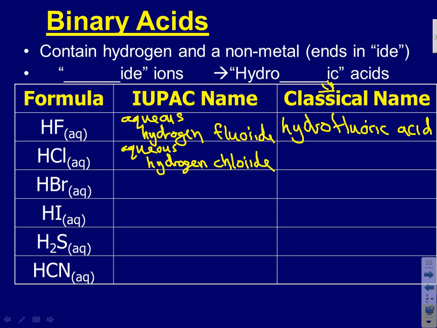Now, chloride. What's it going to be called using the classical naming system? Yep, hydrochloric acid. Excellent. Work ahead of me if you're starting to get the hang of it.